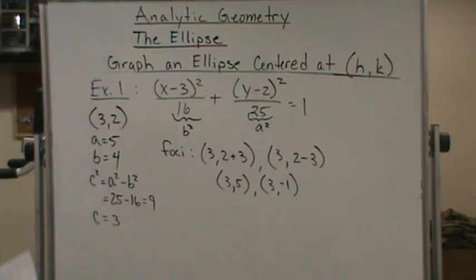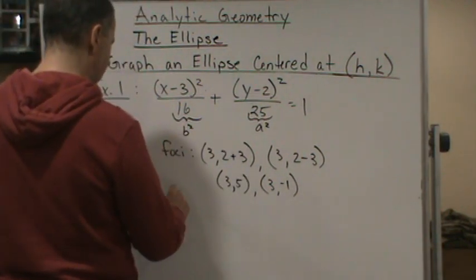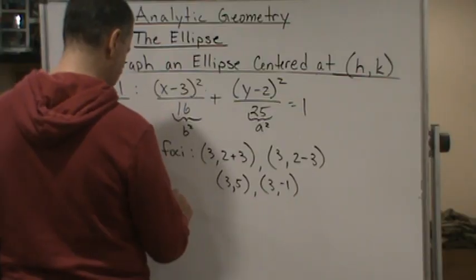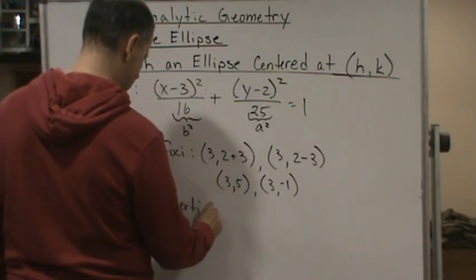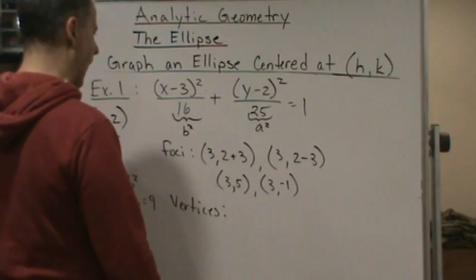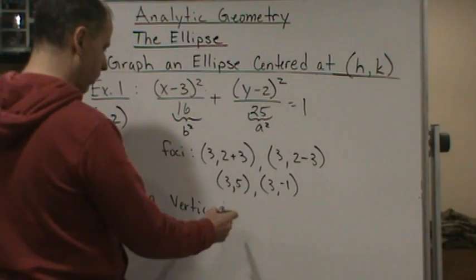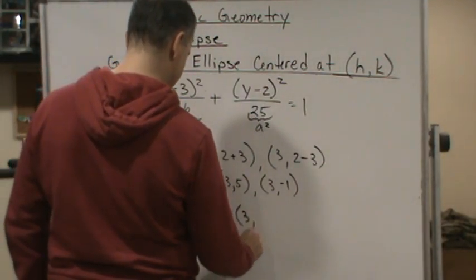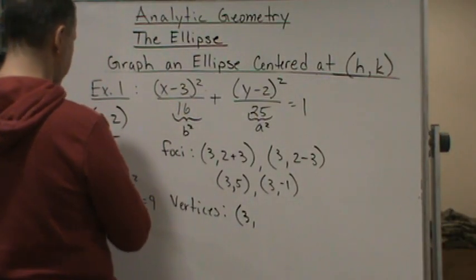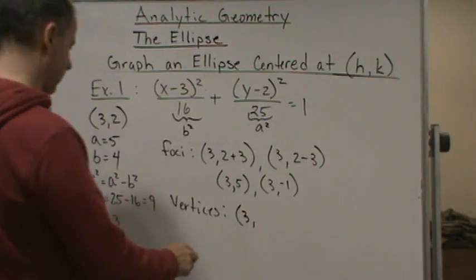Okay. Now, what about the vertices? Now the vertices of the major axis, that's going to involve a, and again, it's going to be in the y direction because it's vertical. So this is going to be, again, 3, and in this case here, it's going to be 2 plus or minus 5.